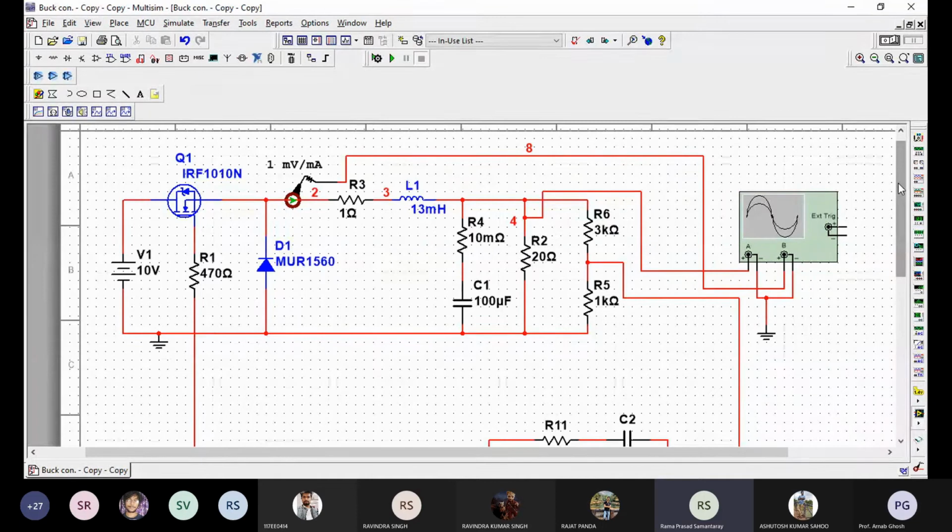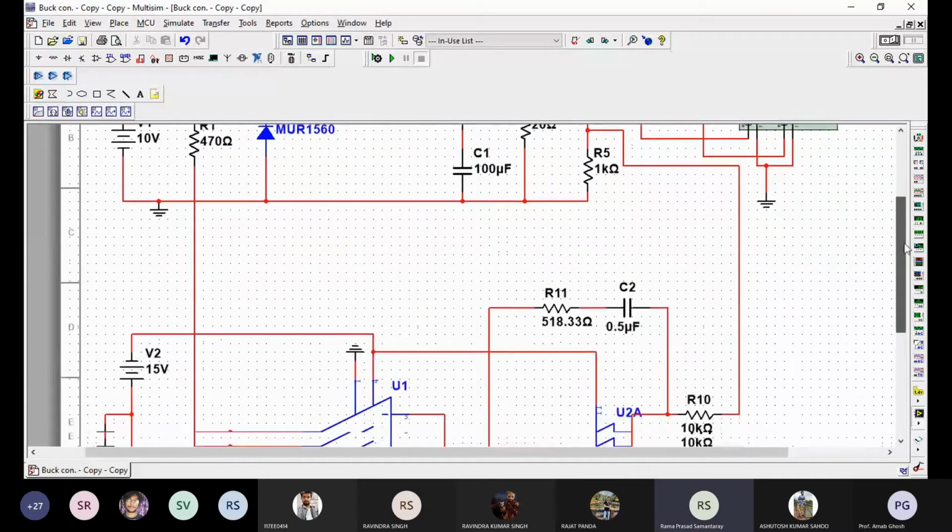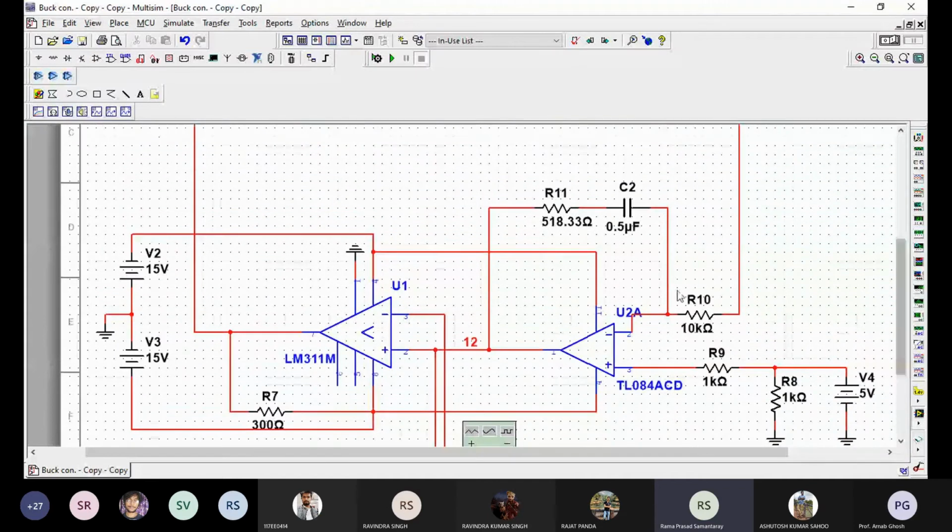Okay, you can take the screenshots. Then this is your controller circuit, the PI controller circuit.